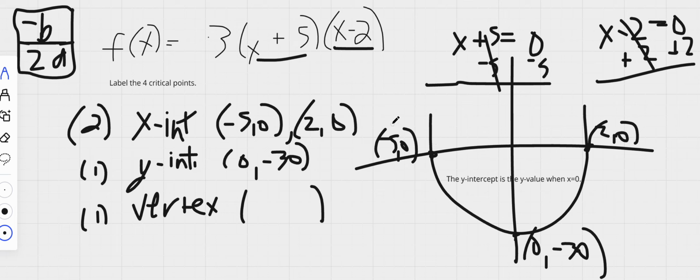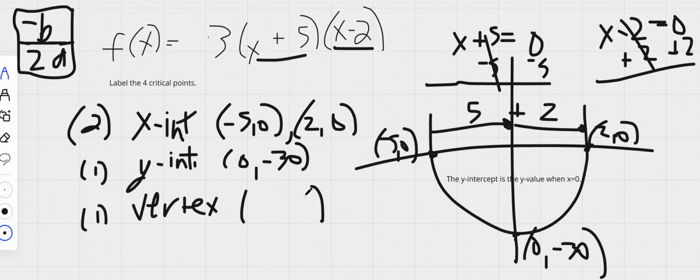Here we go. The x value of the vertex. Well, you check this out. You want to find the midpoint between -5 and 2. So the distance between -5 and 0 is 5. The distance between 0 and 2 is 2. So 5 plus 2 is 7. That distance is 7. And then you divide that by 2, because it's halfway. So it's going to be 3.5.